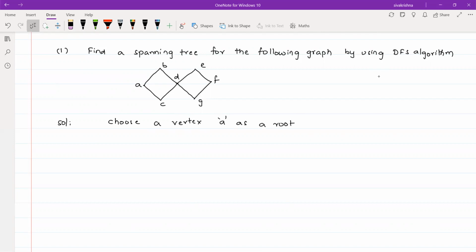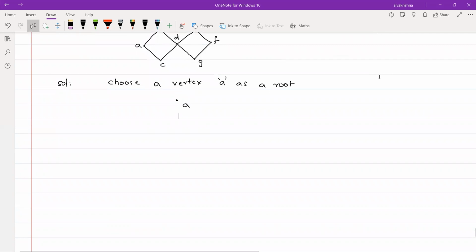I am selecting the vertex small a as a root, so I am drawing that particular vertex. So this is small a. After choosing a vertex as a root, now we have to form a path starting from the root small a.